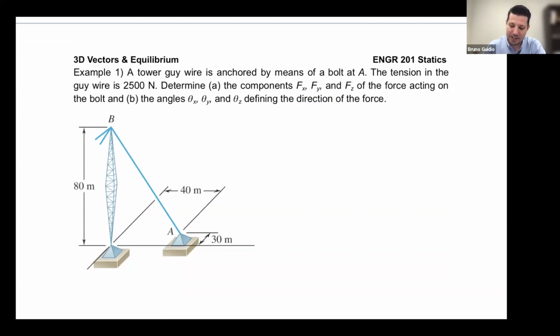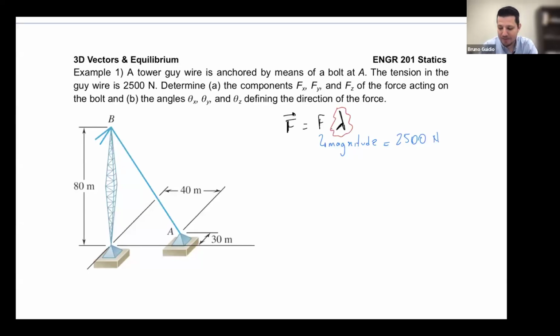Let's start. Let's remember, my F is F times lambda. This is the magnitude of F, and this was already given. What is it? 2,500 newtons. So what we need to find now is the direction. Which direction, Bruno?